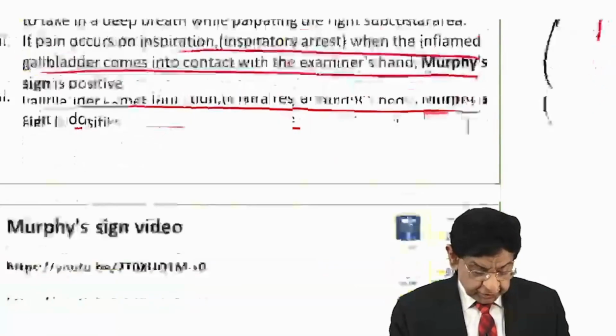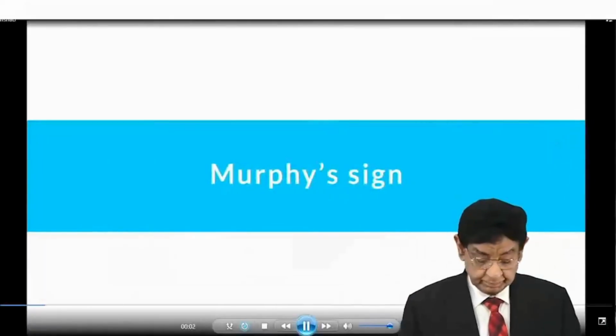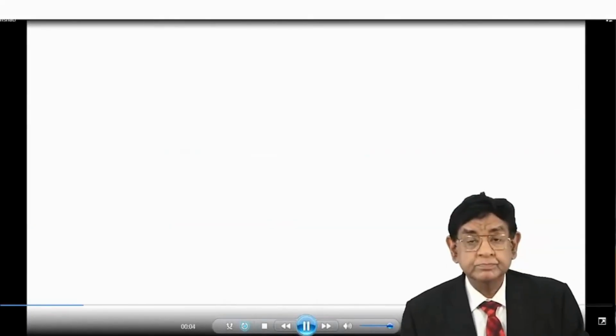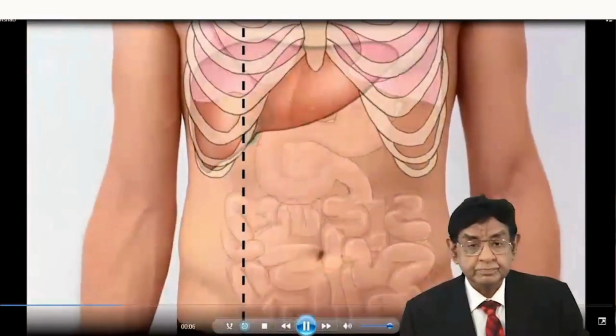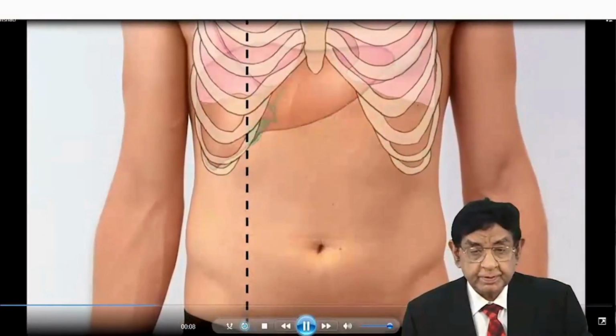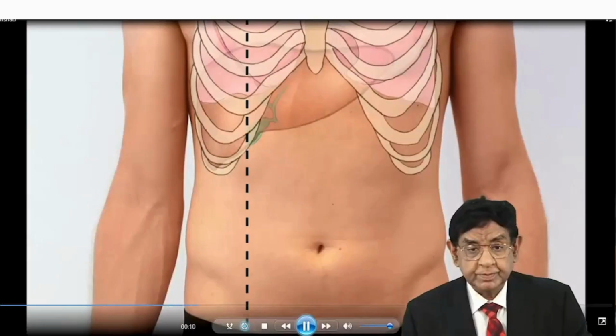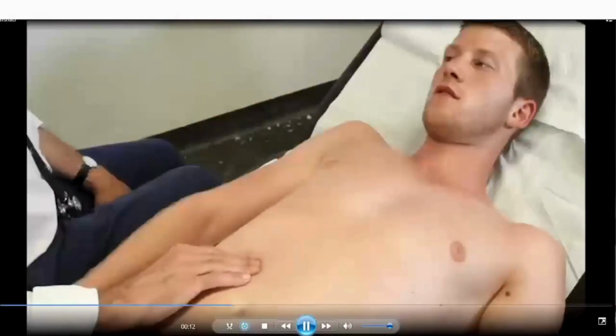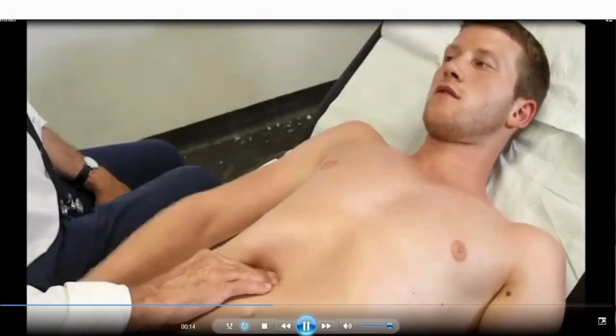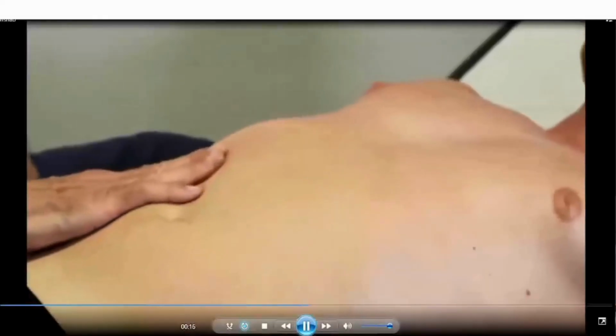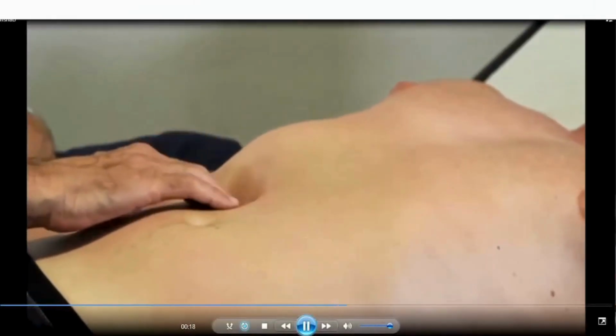So I would like to show you a video. Murphy's sign. Ask the patient to exhale while palpating the gallbladder area medial to the midclavicular line. Now instruct the patient to take a deep breath so the gallbladder is pushed down against the examiner's fingertips as the lungs expand.